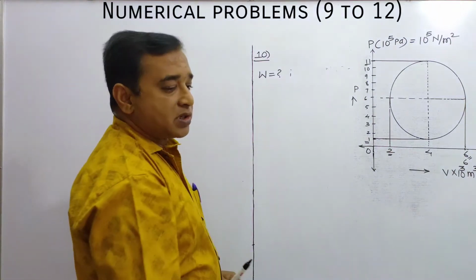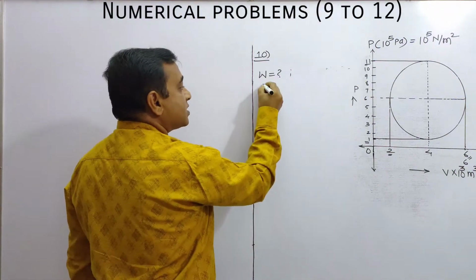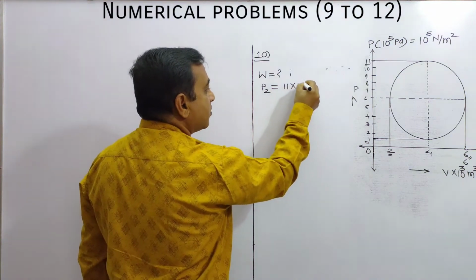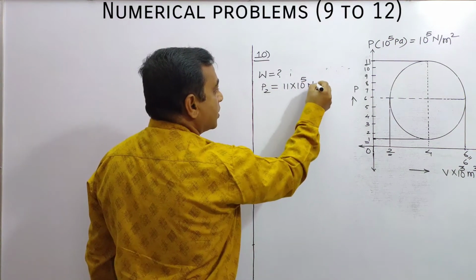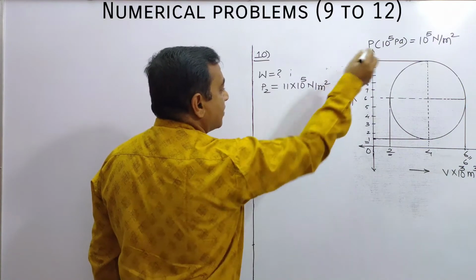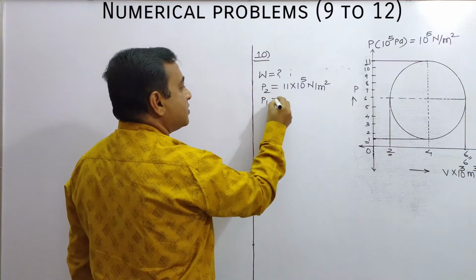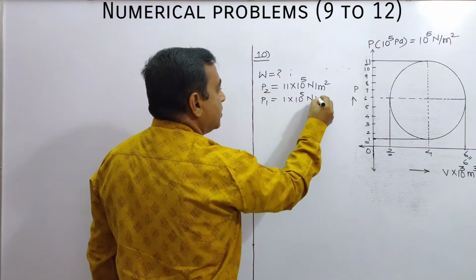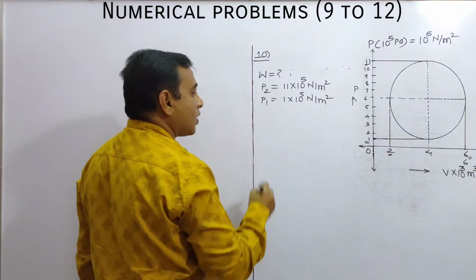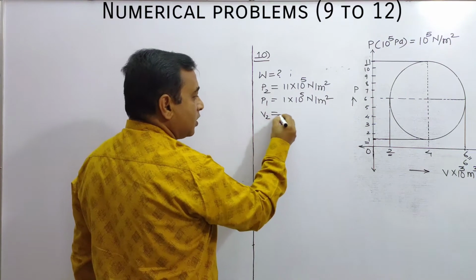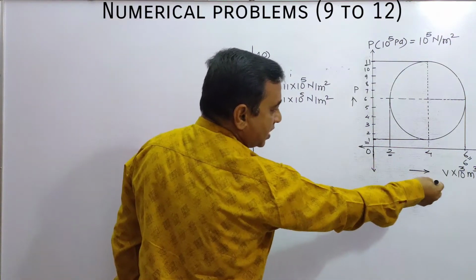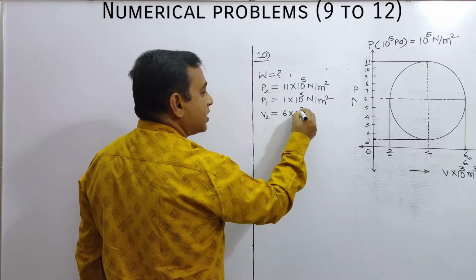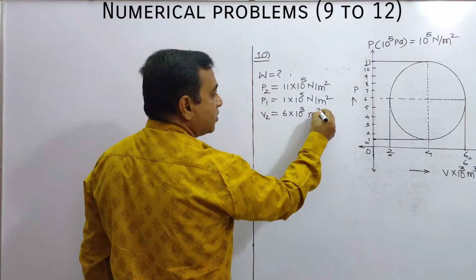So P2 is equal to 11 into 10 raised to power 5 Newton per meter square. P1 is equal to 1 into 10 raised to power 5 Newton per meter square. The higher volume is 6 into 10 raised to power 3 meter cube.